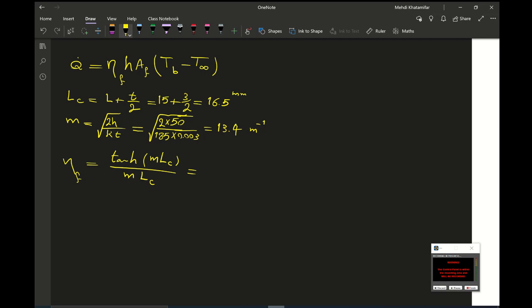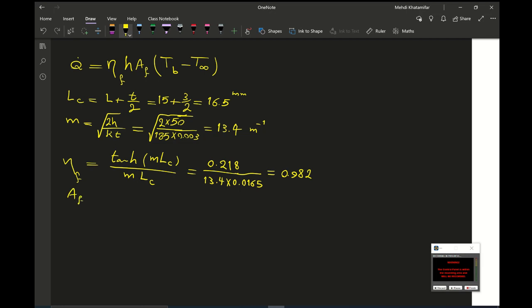It is 0.218 divided by mLc, which is 13.4 times 0.00165, and if you do the calculation, it is going to be 0.982. So this is my efficiency for the rectangular straight fin.